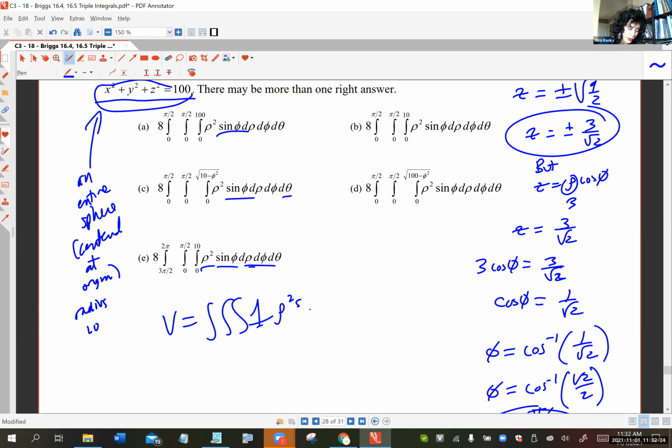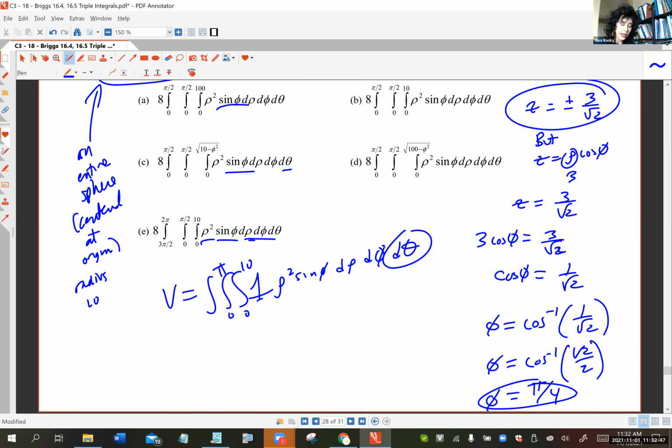So that would mean rho goes from 0 to 10. So that's easy. The phi, since it's the entire sphere centered at the origin, phi would do its entire range, 0 to pi. And then theta would do its whole revolution, 0 to 2 pi.